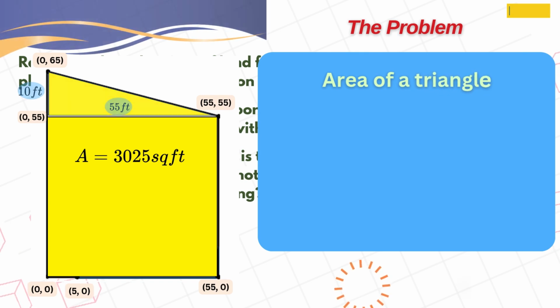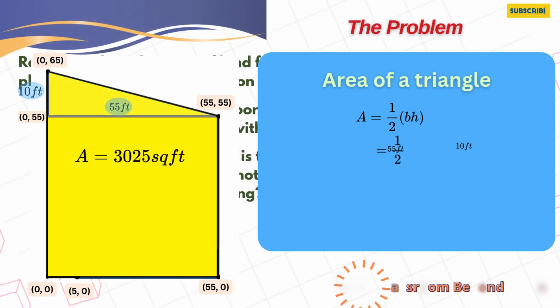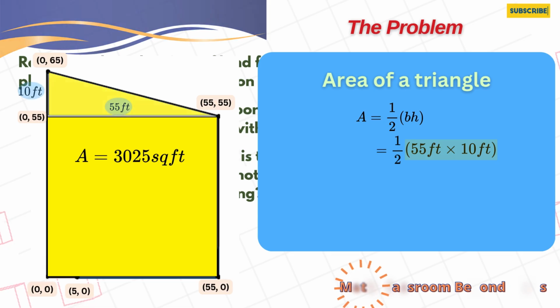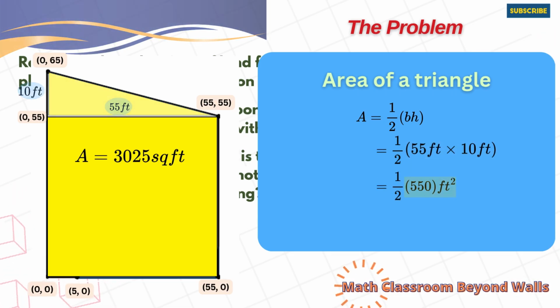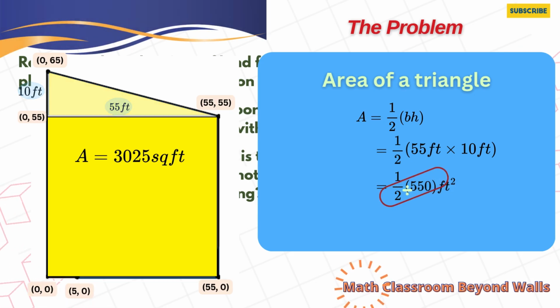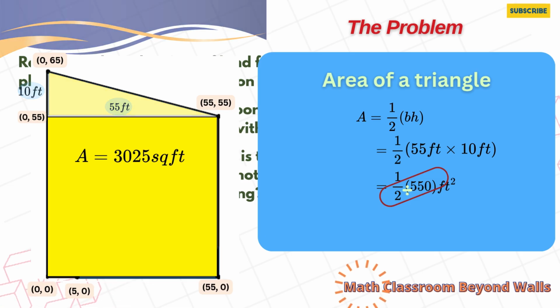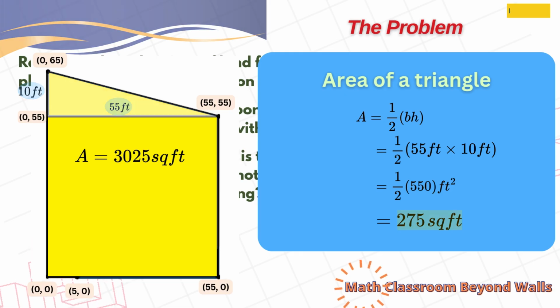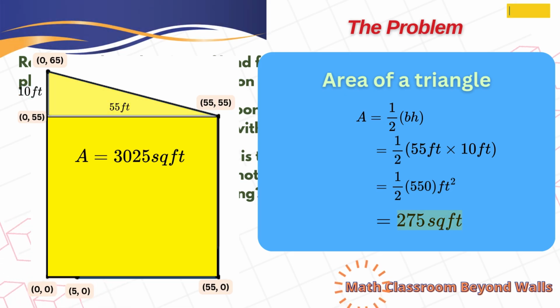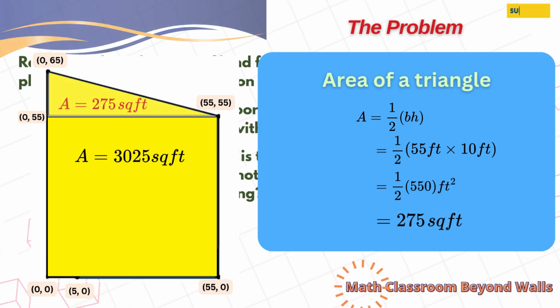Plugging in the values into the formula for the area of the triangle, we have multiplying 55 feet and 10 feet gives us 550 square feet. Now dividing 550 square feet by 2 gives us 275 square feet. Thus the area of the triangle is 275 square feet.